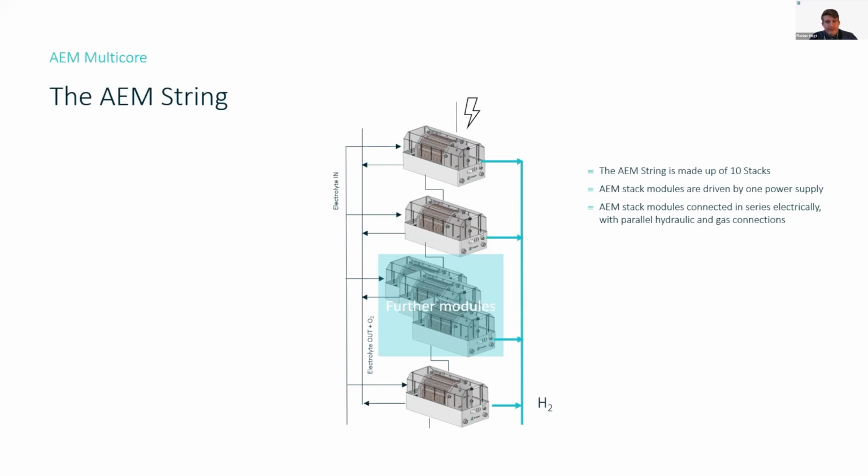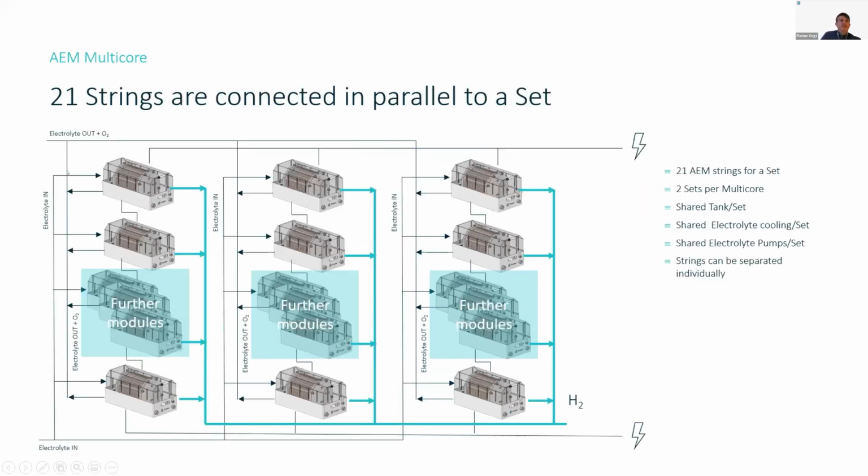These strings are then connected in parallel to a set. So we have multiple strings connected to a set. A set is 21 strings. We have 2 sets per multicore, and each set has its own tank, its own cooling system, and its own electrolyte pump set.